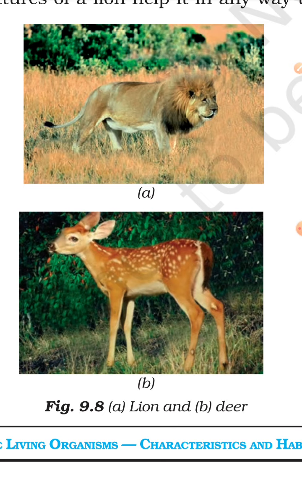Lions have long claws in their front legs that can be withdrawn inside the toes. So this helps the lion to survive also. Its light brown color helps it to hide in dry grassland when it hunts for prey.